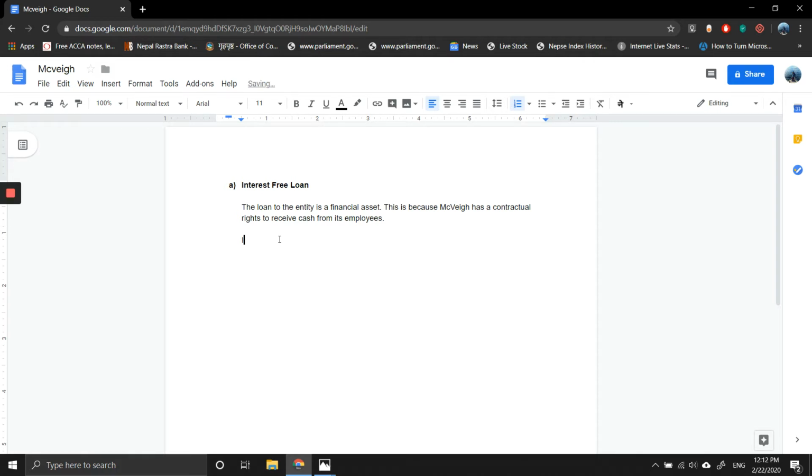And then as per IFRS 9, a financial instrument requires certain financial assets to be initially measured at fair value, plus transaction costs. What other costs do we add in some situations, right?